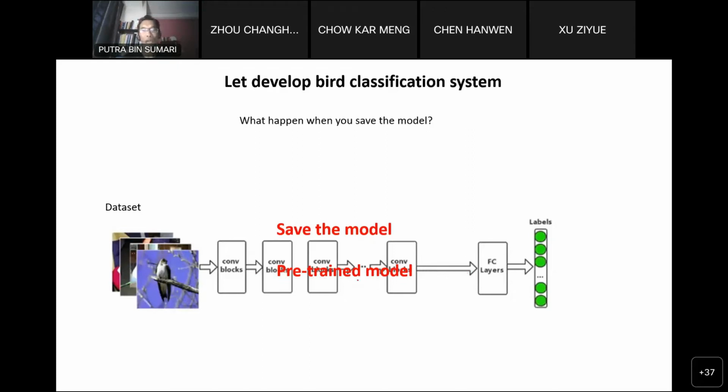When we say pre-trained model, it means this model has been trained on 3,000 data, with this layer structure and 5 classes, and the accuracy is about 95%. So when you save the model, you say this is a pre-trained model.